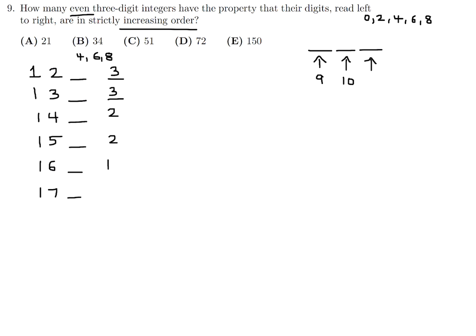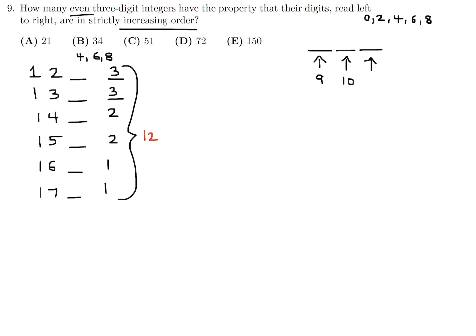And 1, 7, again, only 1 choice. And then 1, 8, if I put that, I can't make a number because that's not in increasing order. So I stop right there, and that takes care of the ones. And that was how many? 6, 8, 10, 12. Okay, so you just have to keep going like this.